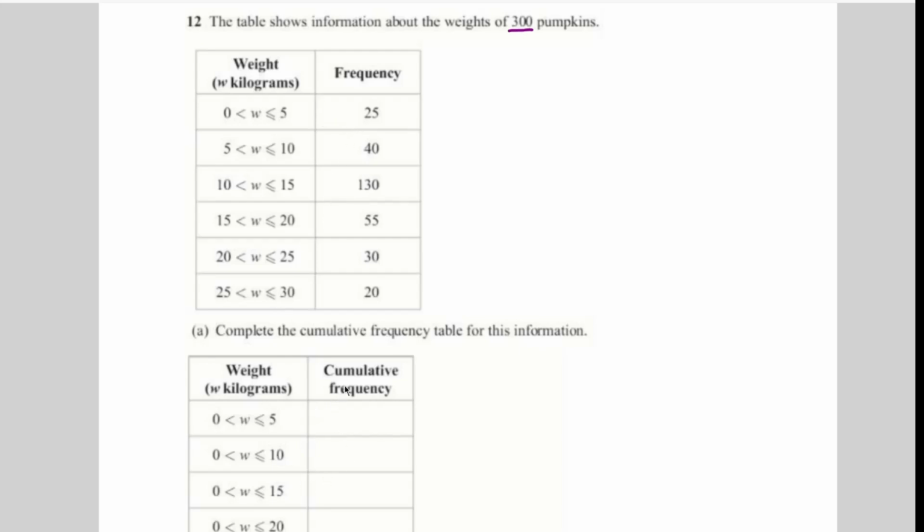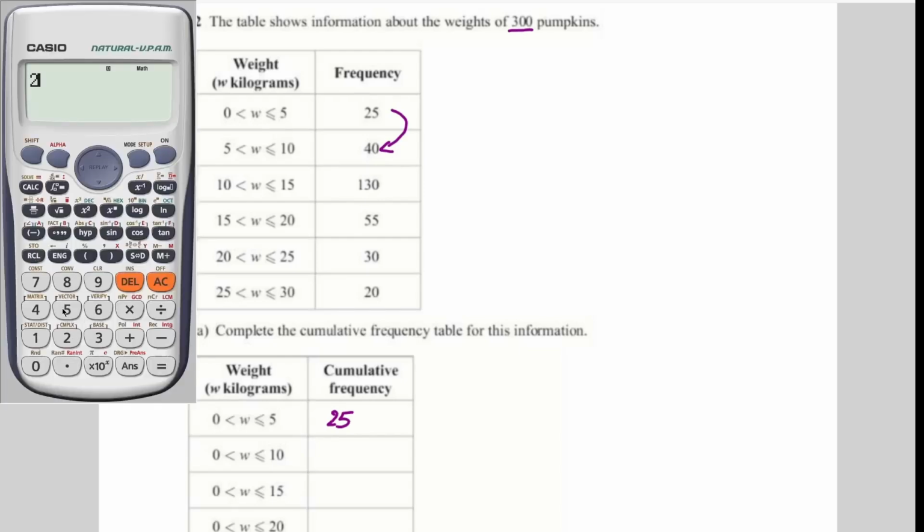So the first one is 25. We add this one to this one. Then 25 plus 40, 65. Second one is 65. Next one is 65 plus 130, 195.